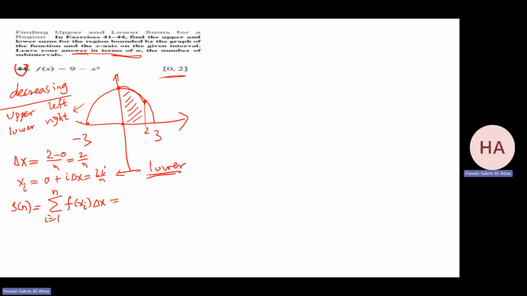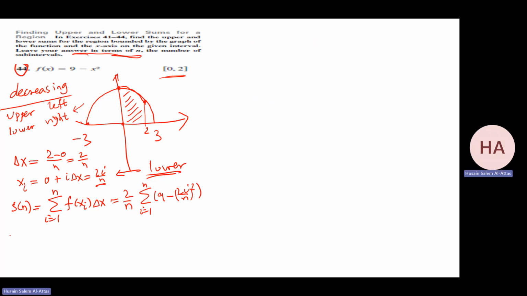Be careful now. I need to find f of 2i over n. Delta x is 2 over n, I can take it out. The summation i equal 1 to n, because it has no i. F of this is 9 minus 2i over n whole square.